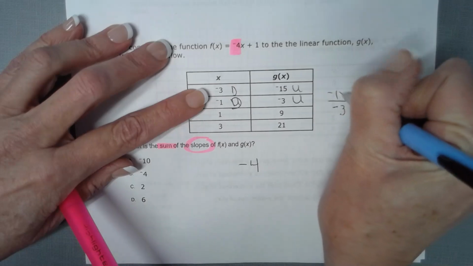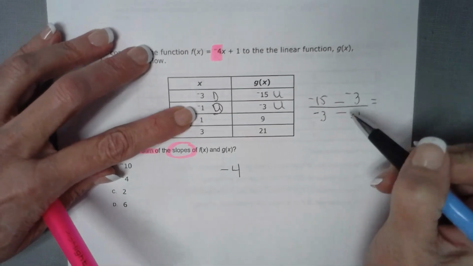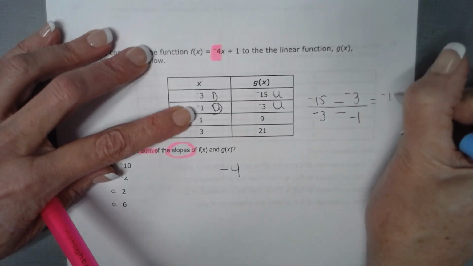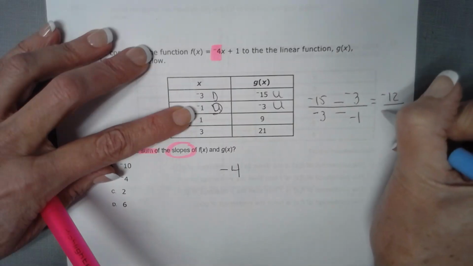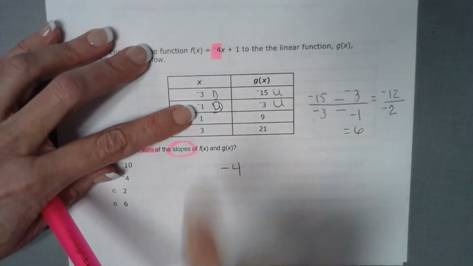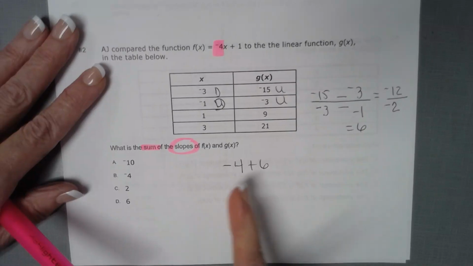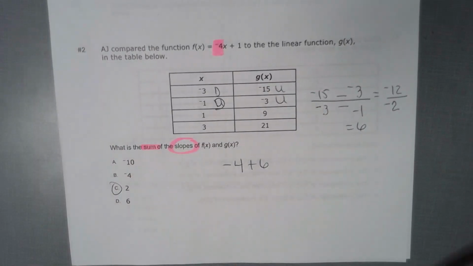Down, up, down, up. When I add a line and change the sign here, I get a -12. When I add a line and change the sign here, I get a -2. So my slope for the g of x function is 6. I am supposed to find the sum of those. When I combine, I get 2. Question there.